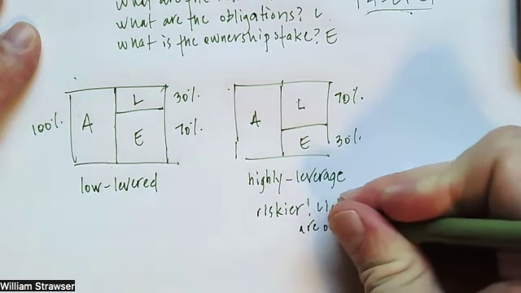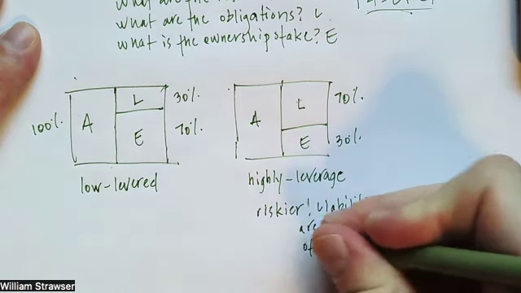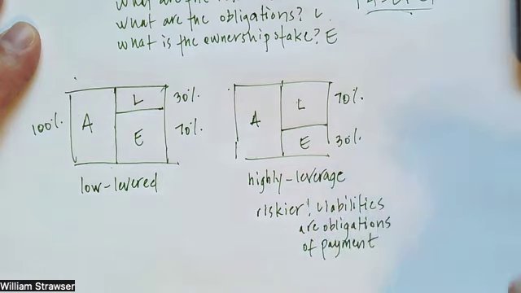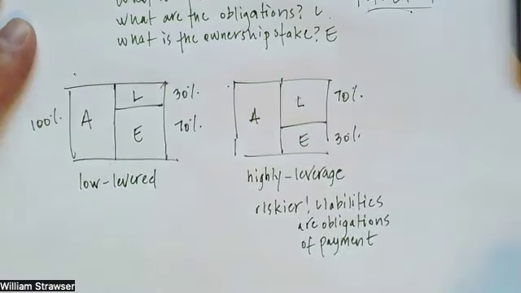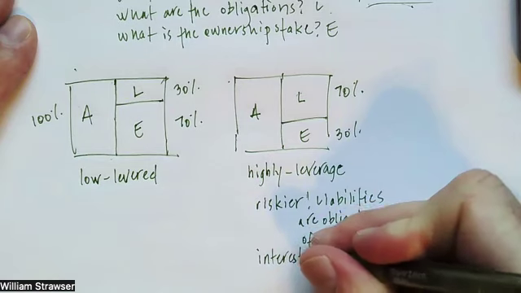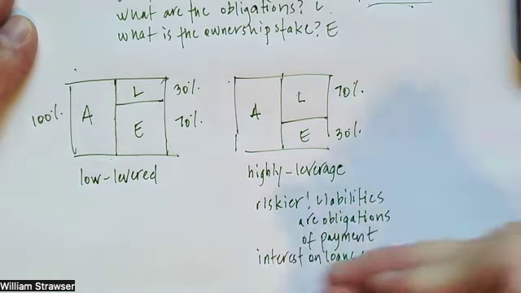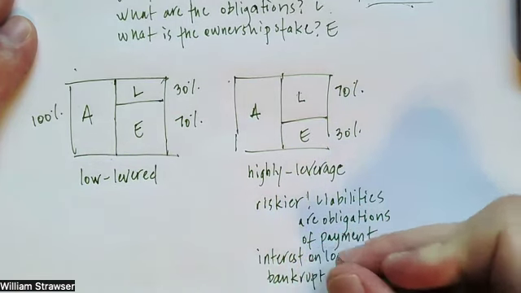They are obligations of payment. We have to sacrifice future economic benefits or assets in order to pay those off. Interest, in particular, interest on loans can bankrupt the company if it gets bad enough.